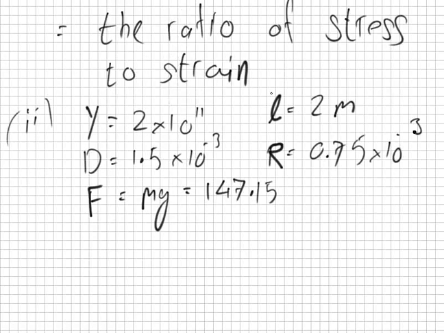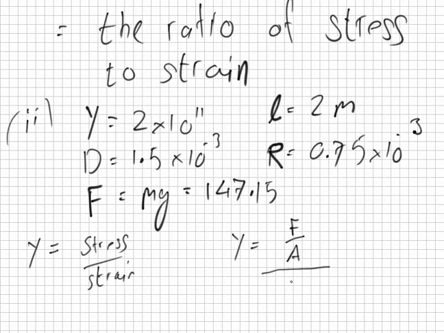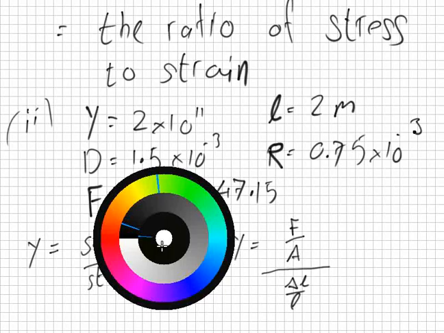Okay, so Young's modulus, the formula for that? Stress over strain. Now, we have to put in what stress and strain is. So what's the formula for stress? Force over area. And strain? Delta L over L. Now let's look at what we know.